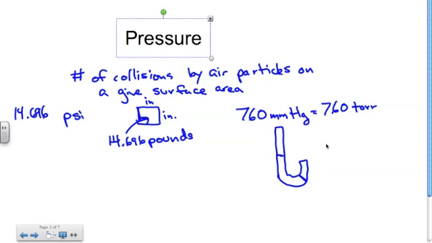If pressure increased, the air pressure would force the air down, which then would force the level of mercury up.